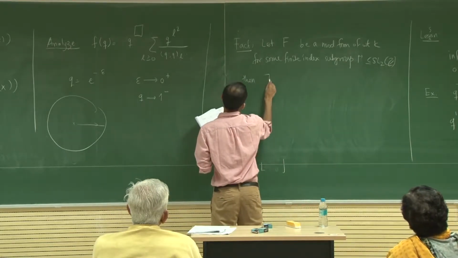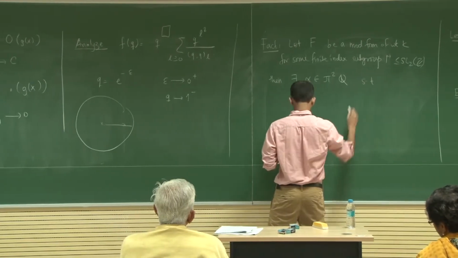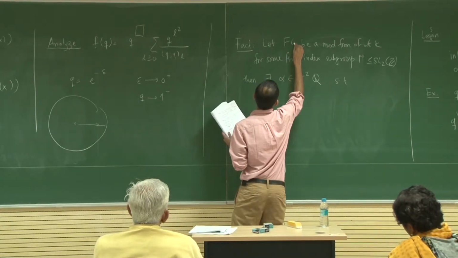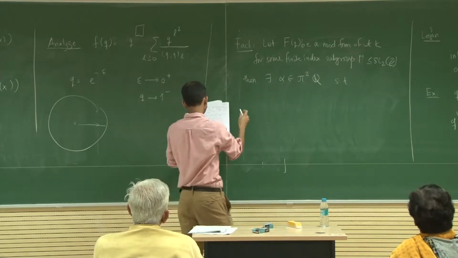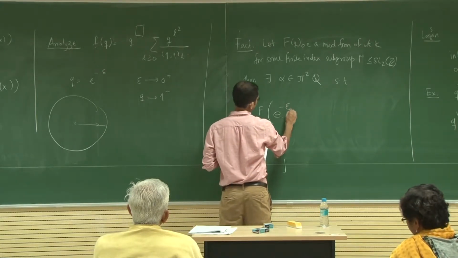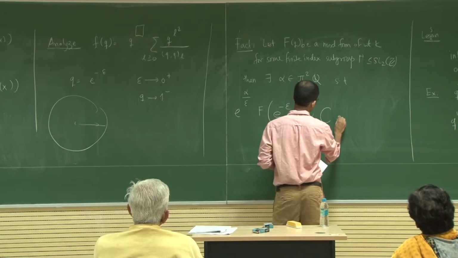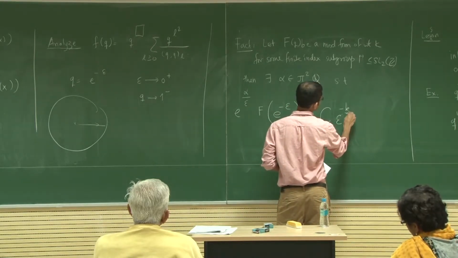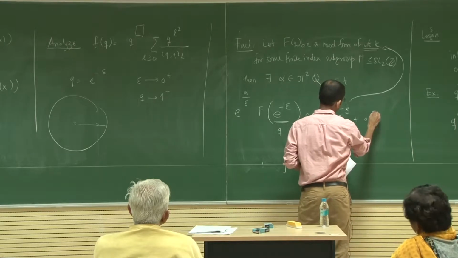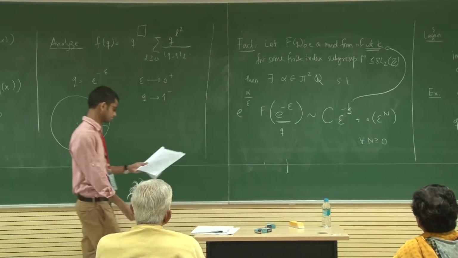Then there exists an alpha, a rational multiple of pi squared, such that, I will write it as f of q so that you do not get confused with tau and q, f of e to the minus epsilon is asymptotically some constant times epsilon to the minus k, this k is the weight, times e to the alpha over epsilon, plus little o of epsilon to the n for all n.